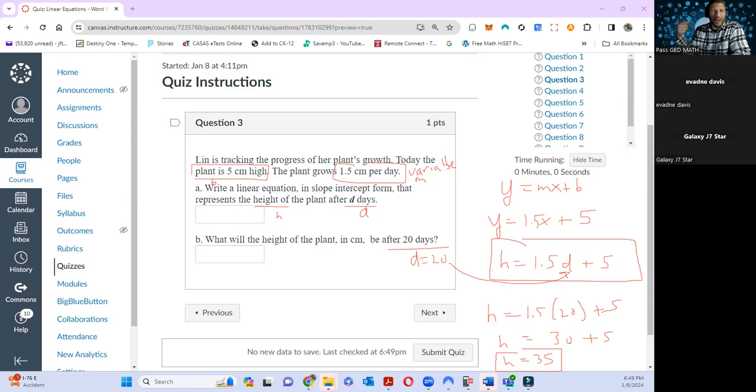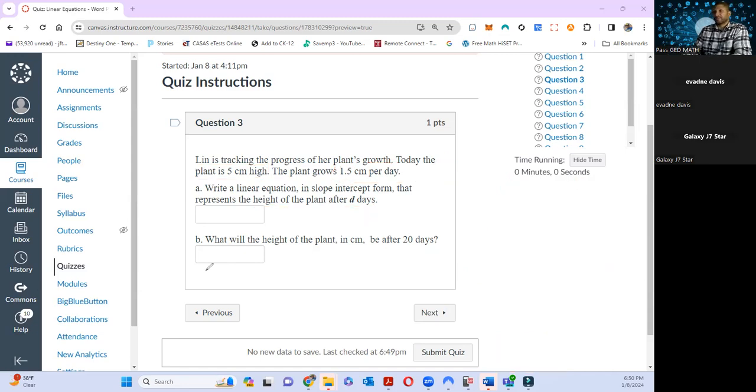Because in your mind, when you get to the GED, you can't be scared of word problems. You should have gone through my course so much with all these word problems, you shouldn't even be scared of a word problem. You can be like, oh, I got this. I understand it. But it doesn't happen overnight. It takes practice. Let's try one more.